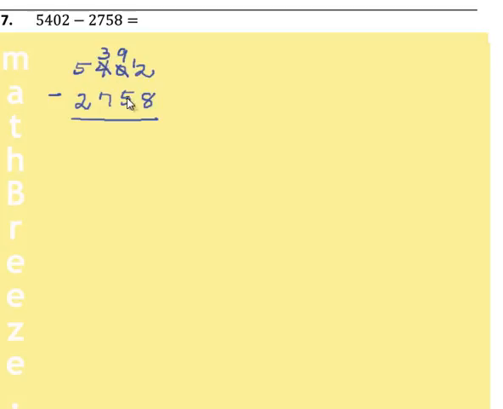All right, so now we finish the borrowing for the first column, and let's start subtracting. 12 subtract 8 is 4. 9 subtract 5 is 4. Okay, here we have 3 subtract 7, so 3 is less than 7, so we're going to have to borrow a 1 and change the next column to a 4. 13 subtract 7 is 6. And 4 subtract 2 is 2.